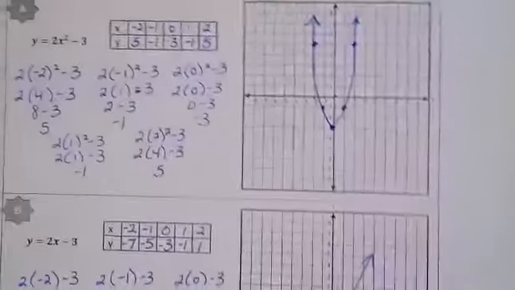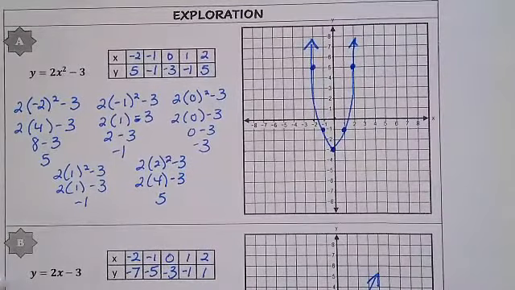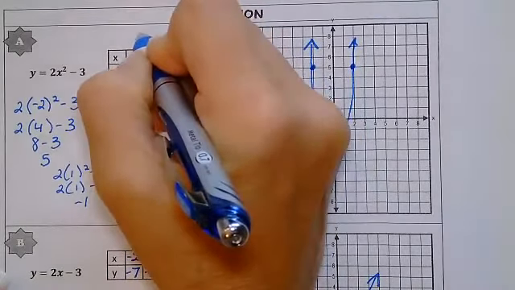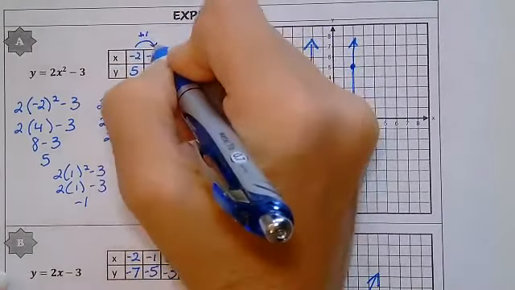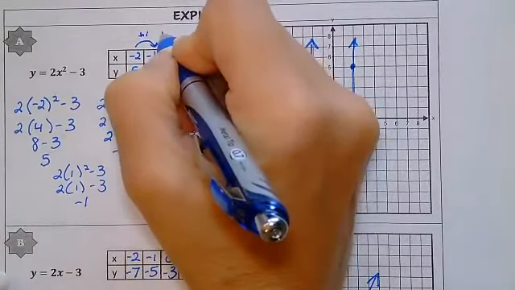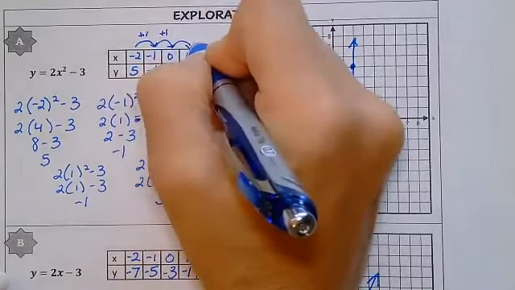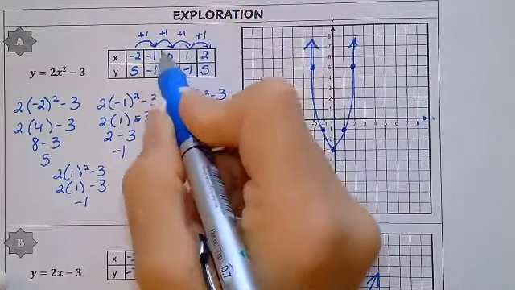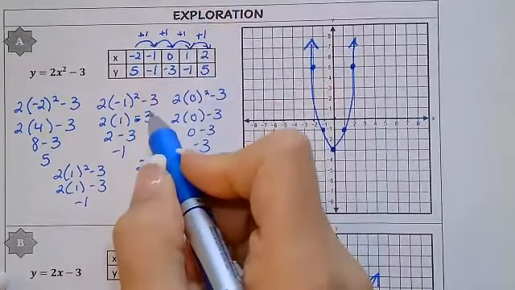Say table A. Let's look at if they're constant or not. So to go from 2 to -1, we add 1. To go from -1 to 0, we add 1. Here we add 1, and here we add 1. Okay, so that's a constant rate.